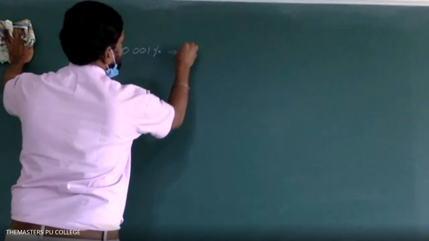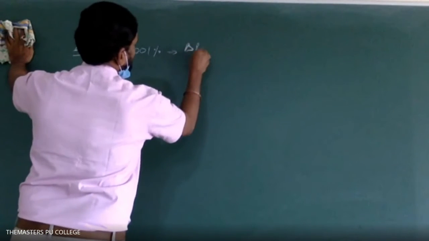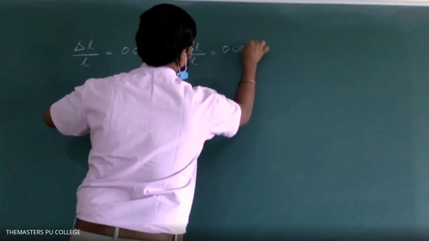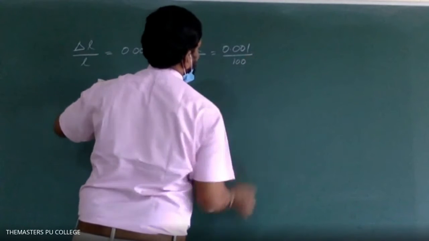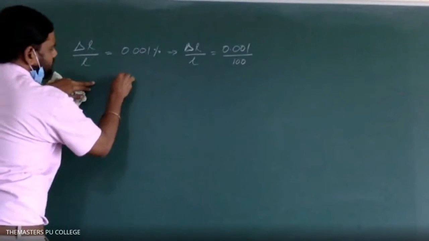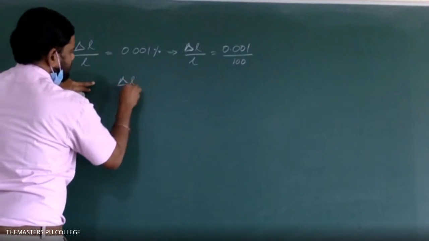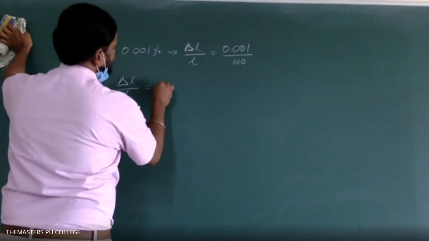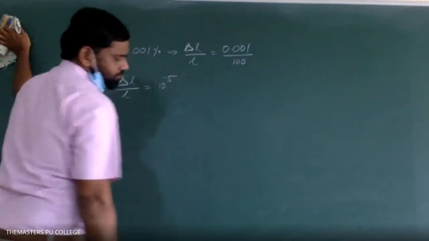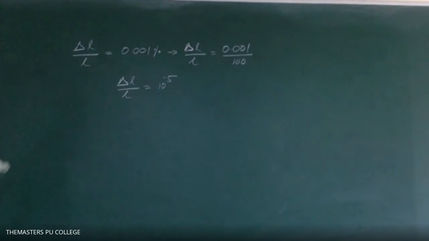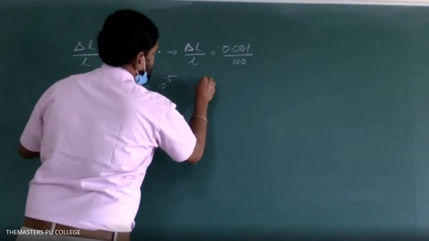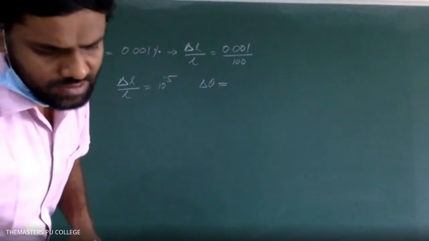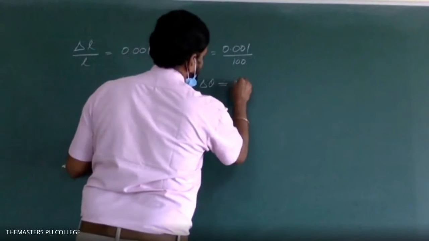This can be written as delta L by L equals 0.001 divided by 100, so delta L by L equals 10 to the power of minus 5. And change in temperature, delta theta, equals 10 degrees centigrade.